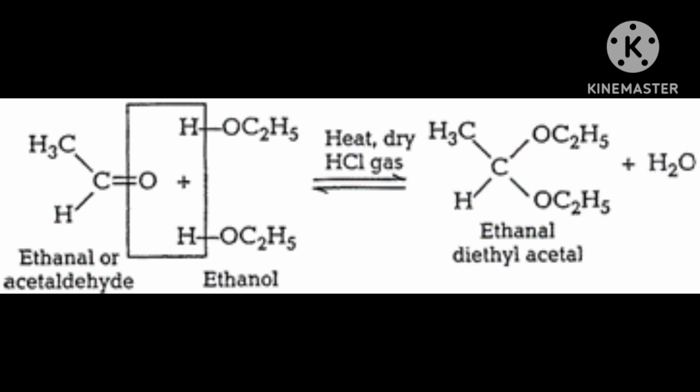Then to make an H bond, two electrons are required. H plus means no electron with hydrogen, so both electrons will be supplied by oxygen, forming an OH bond.